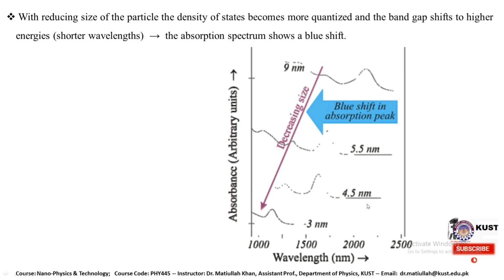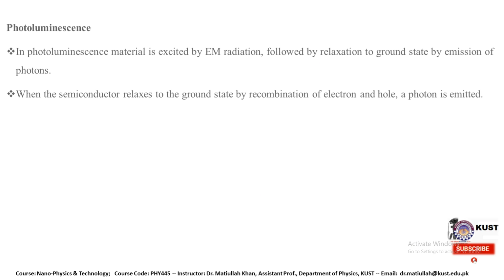Coming more toward the lower particle size, the peak is found, and finally at 3 nanometer there is a huge peak created, and we can see clear peaks in the case of lower particle size. This is some of the data taken from the absorption spectra of PbSe nanocrystals.